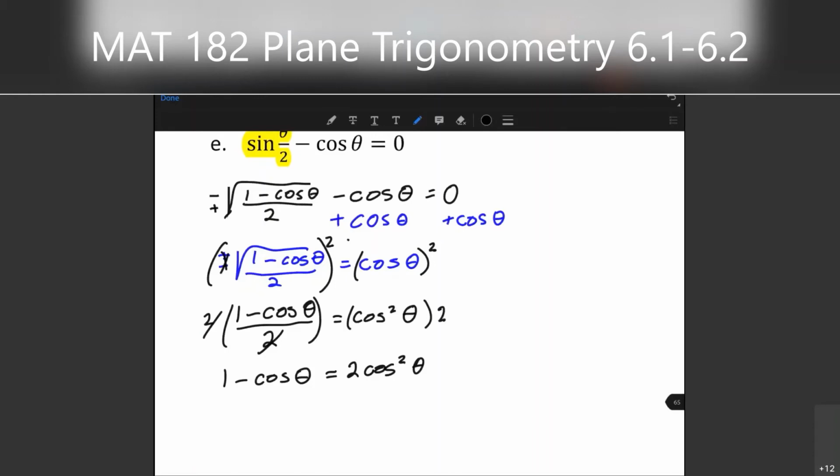I don't think we necessarily need to involve the sine function. We do have a cosine squared and a cosine, so we can think about this as another quadratic.